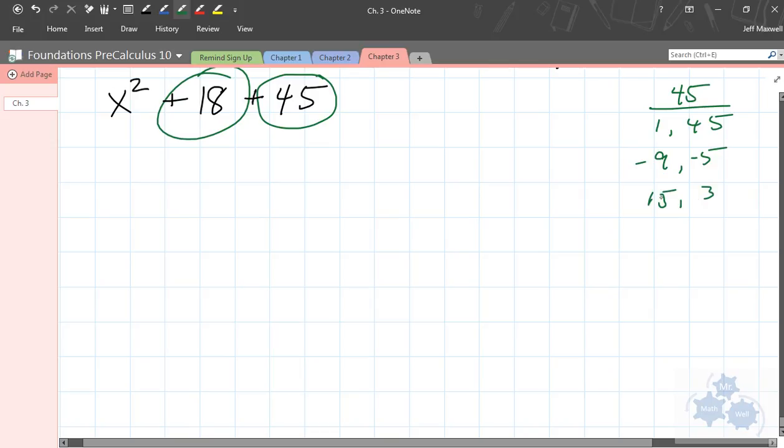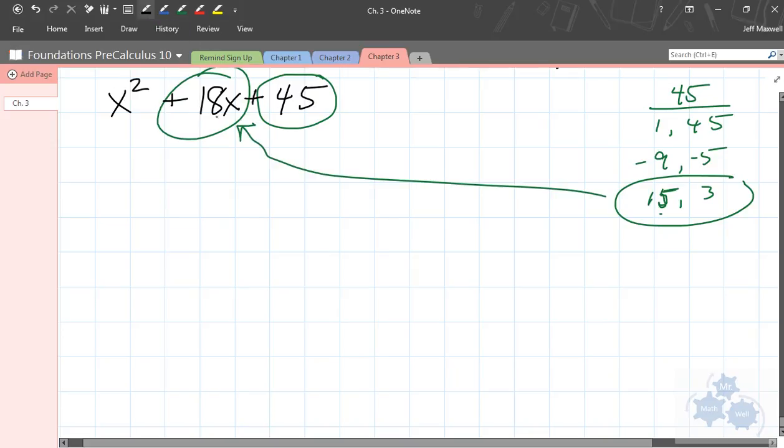What about 15 and 3? 15 times 3 is 45, and 15 plus 3 is 18. Do you see how the combination of these two factors add up to the middle term number, and they multiply to the constant term number? You see that? All right.